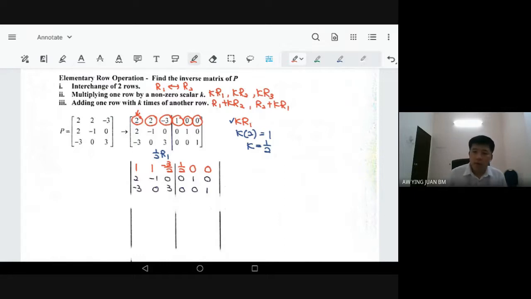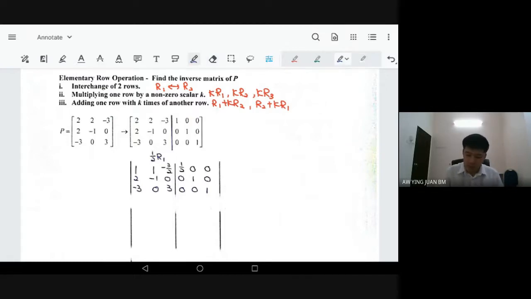Next, we're going to focus on this one. We have to make sure they become 0. In order to make sure the thing becomes 0, this one we name as row 2. For the first column, if the row 2 and row 3 need to become 0, we must refer to the first row.